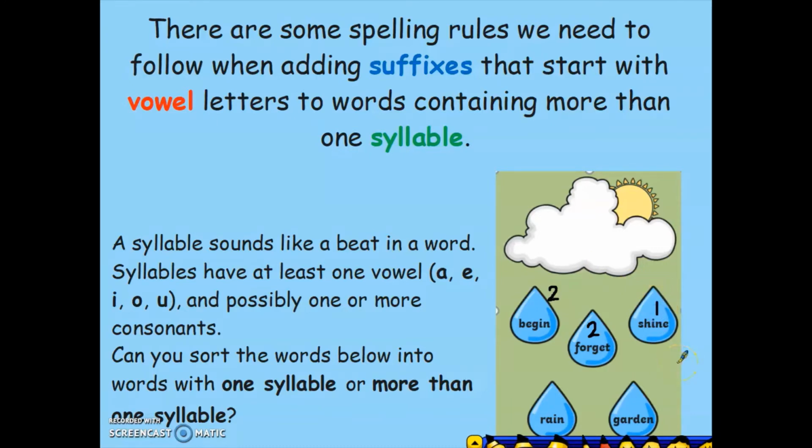Garden, 2 syllables. And finally, rain. Rain has 1 syllable. The spelling rules are for those words that contain more than 1 syllable. So words like begin, forget and garden. We might have some special rules that we need to use when adding suffixes.